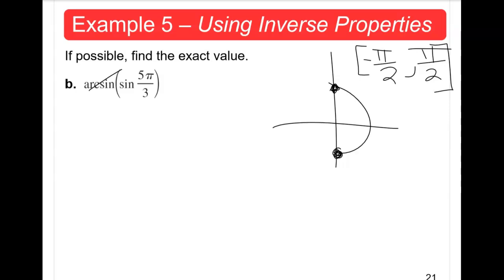So we cannot just go there and cancel them. We cannot do that, unfortunately. Again, this angle is outside the interval that we see here. So what we need to do is solve this part first, and then we will be able to take the arcsine of that number.